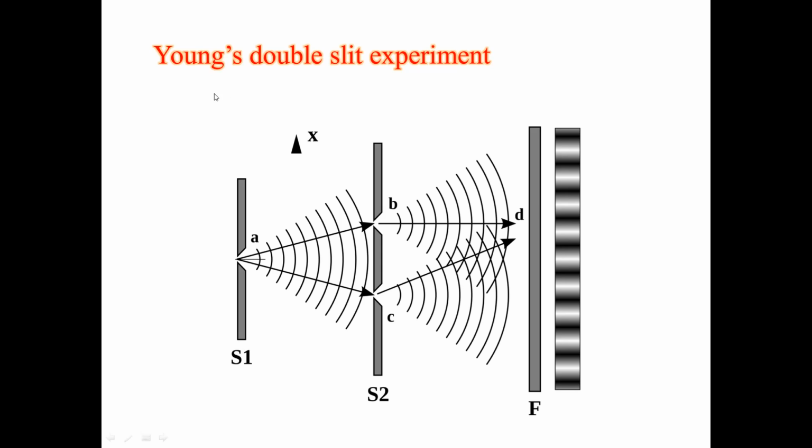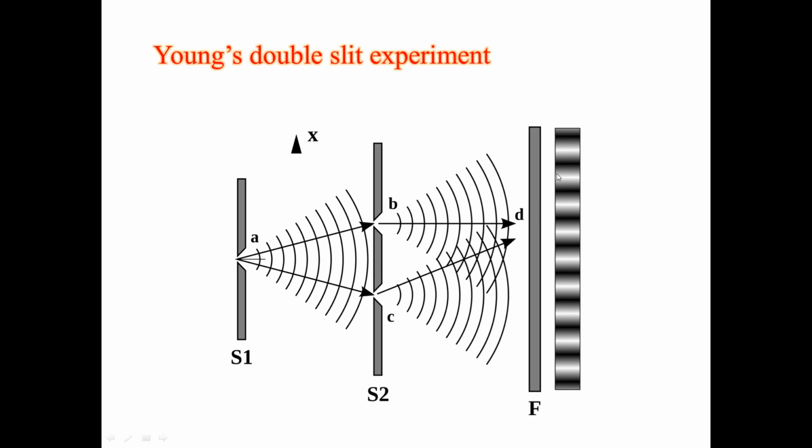Interference is experimentally demonstrated by Thomas Young, and the experiment is known as Young's double slit experiment. He produced two slits, two sources of light B and C from a single source A. And in this region, the waves from the two sources B and C superpose each other.